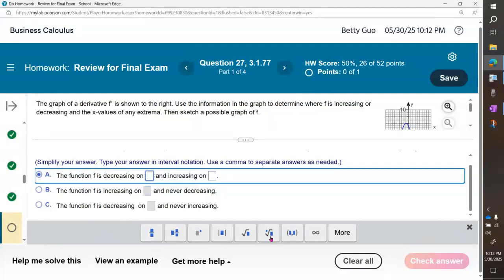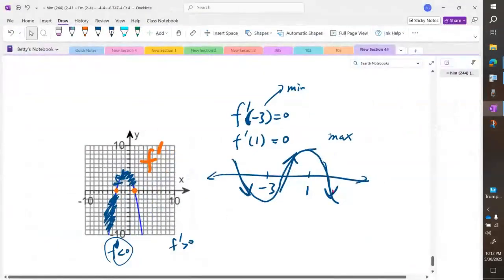We have 2 intervals, so I'm going to write 2 intervals, using a comma to separate them. The first one is negative infinity to negative 3. And another interval is decreasing, right? This was decreasing and this is decreasing.